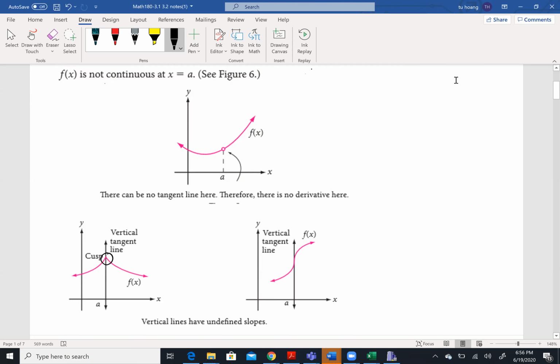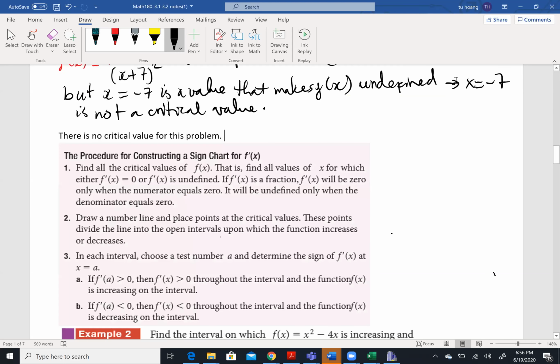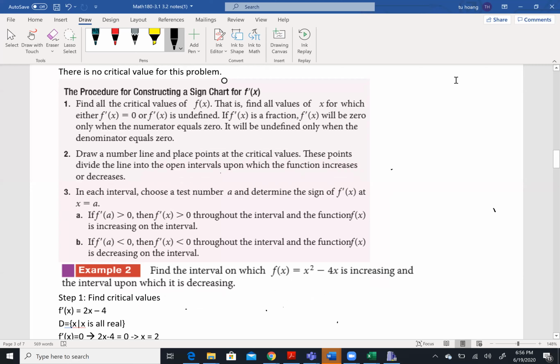Okay, so this is the procedure for constructing a sign chart for f derivative of x. For all the critical values of f of x, that is, find all values of x for which either f derivative of x equals 0 or f derivative of x is undefined. Okay, so you have to consider this case.